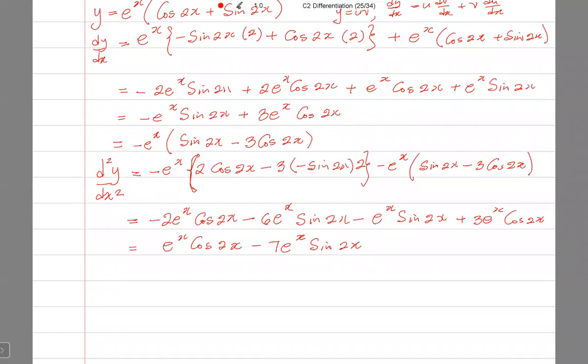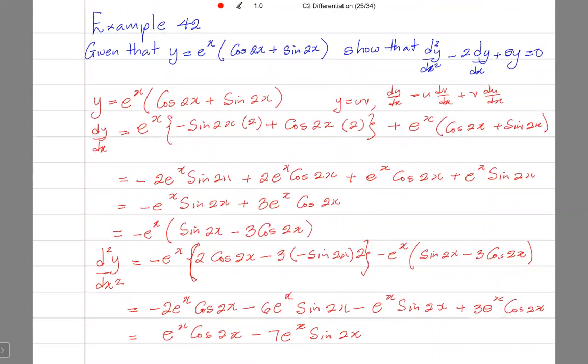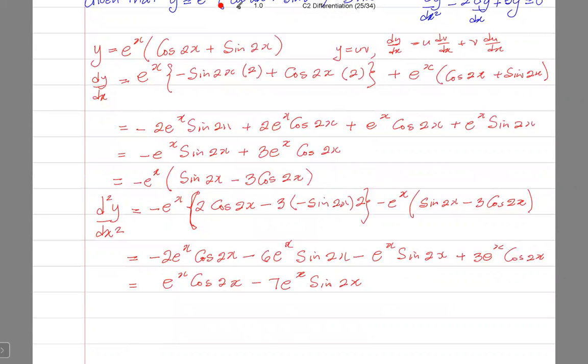So what we want next is d2y by dx squared minus 2dy by dx plus 5y.